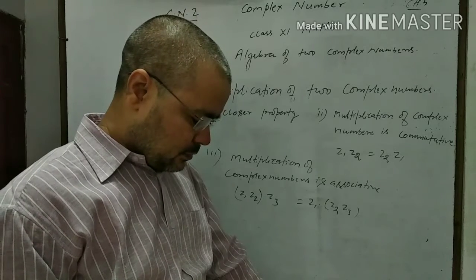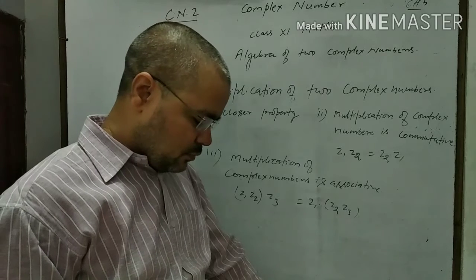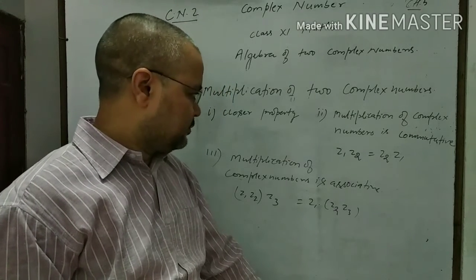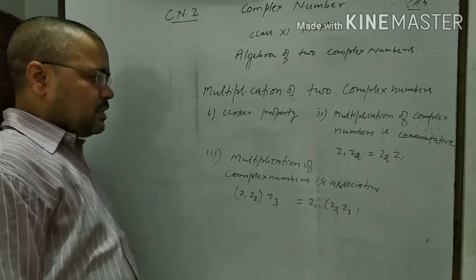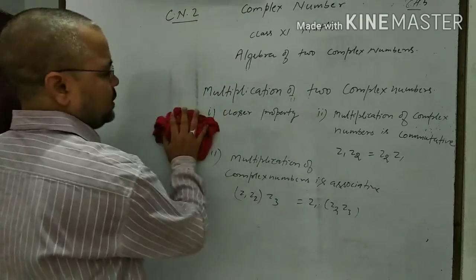Here we can also prove the existence of the multiplicative identity. Let us try to understand.